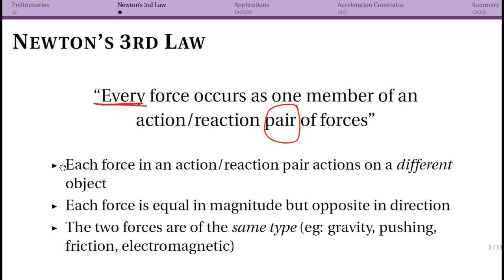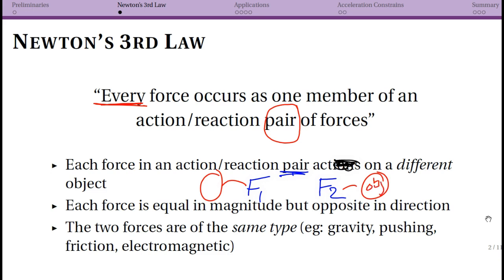A couple of rules about this, most of which have already come up, but which are important enough to say again. Every force in an action-reaction pair acts on a different object. Why that matters is that each of these pairs, force 1 and force 2, have to be acting on different objects.